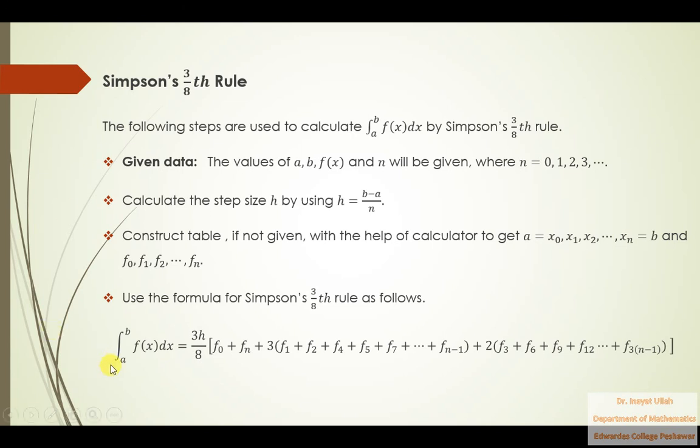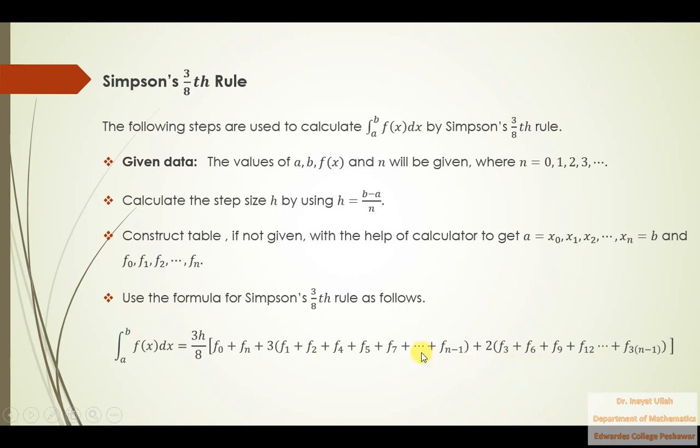The value of this definite integral is equal to 3/8 times h, because this is the 3/8 rule, multiplied by f naught plus fn, that is the starting value of the function plus the last value of the function, plus there is 3 and there is 2. So 3 will be multiplied with this sum and 2 will be multiplied with this sum.